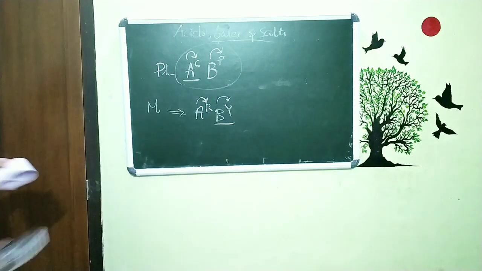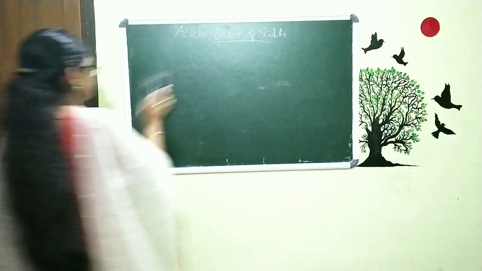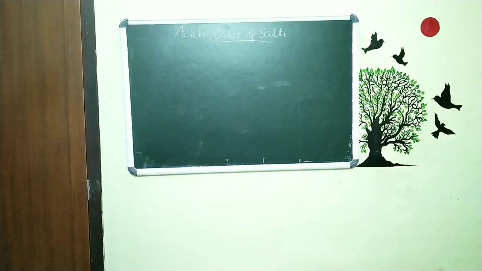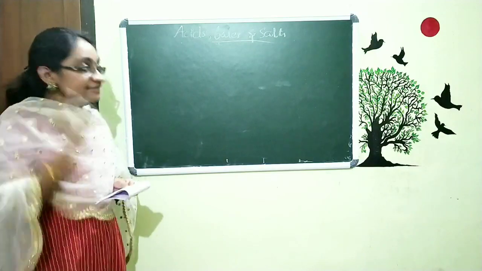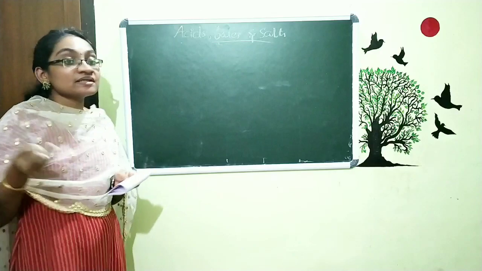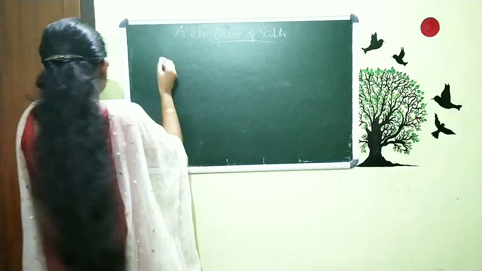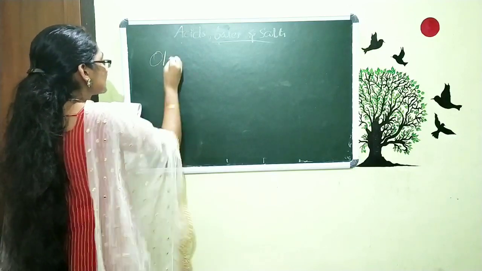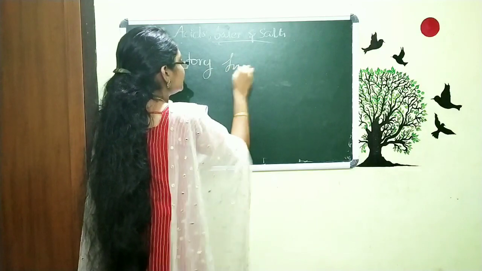Now, a small area is left in this topic, and that is about another type of indicator. First we discussed natural indicators. Then we discussed another type of indicator, synthetic indicators. And next we are going to discuss olfactory indicators.